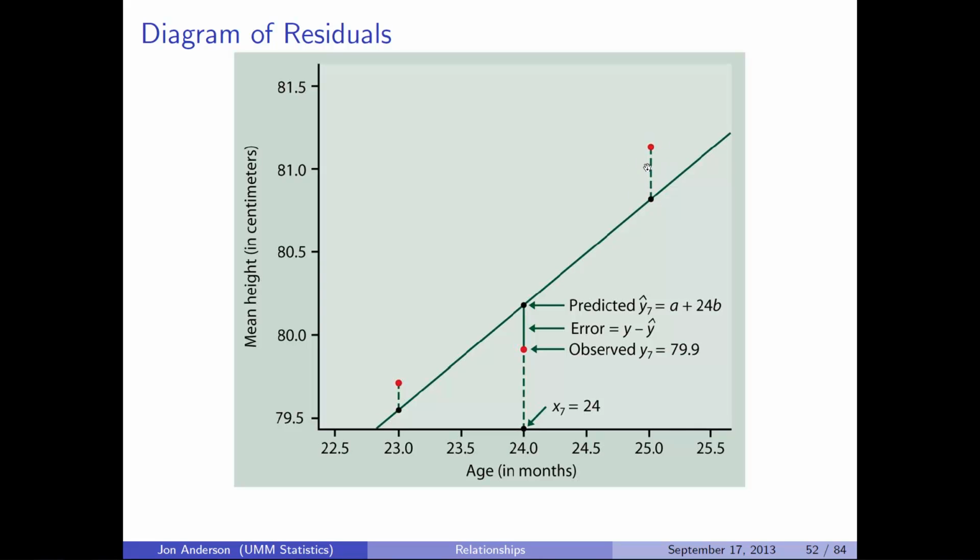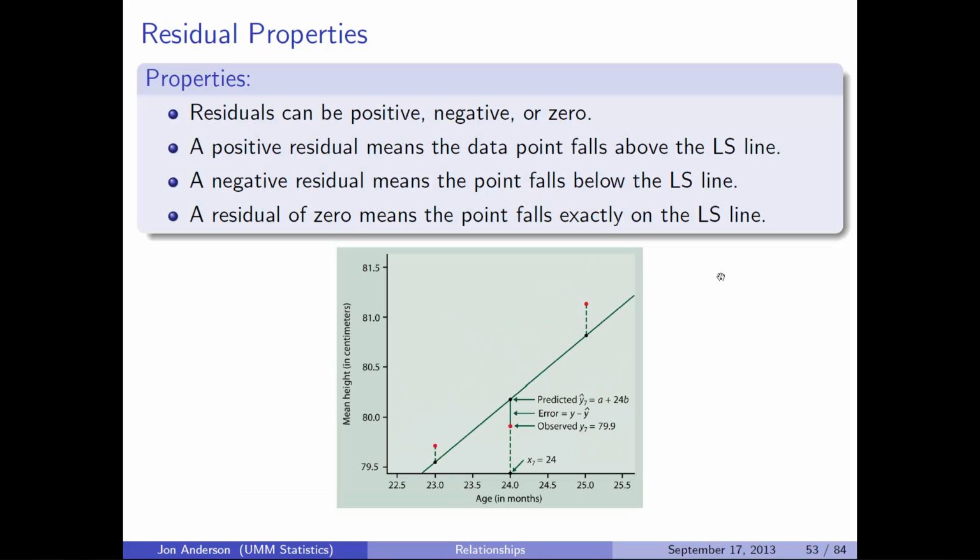When points are above the line, the residuals are positive numbers. In a case like this one here, the data point at 24 months of age, the actual height was less than what we were expecting, and the residual is a negative number. If a point is right on the summary line and what actually happens is what we expect, the residual is 0. And so here's the summary of that. Residuals can be positive, negative, or 0, depending on whether the actual data value is above or below or right on the least squares line.